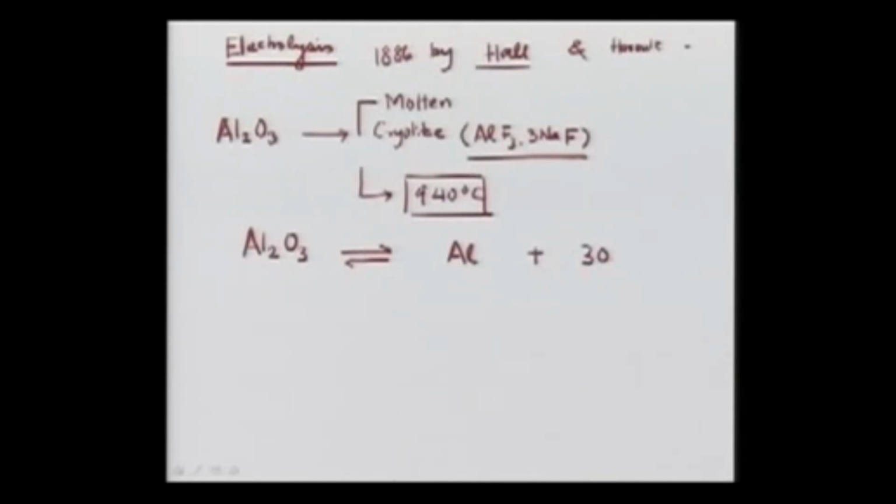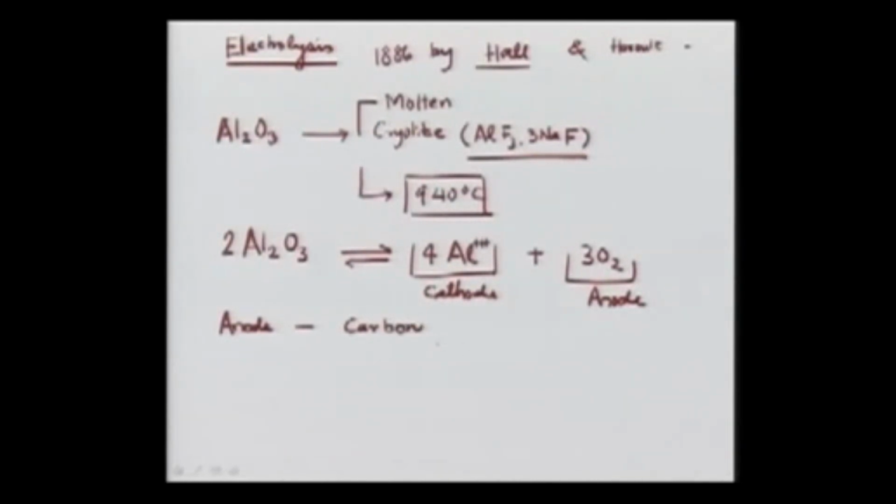Let's also balance it as we go by. We have the 6 here, so 2 will be here, so 4 here, aluminium plus plus plus. And this goes to the cathode, as we said. And this goes to the anode, and this anode is made of carbon.